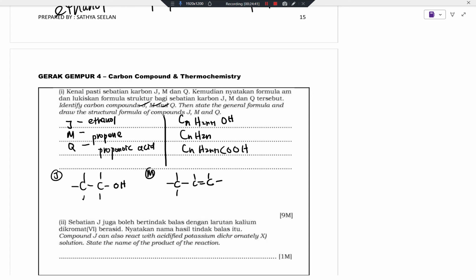Okay, next Q, propanoic acid. Propanoic acid very simple. C2H5 வந்துருச்சா? அதுக்கப்புறம் COOH. கடைசி அப்படி வரும். Okay, right.